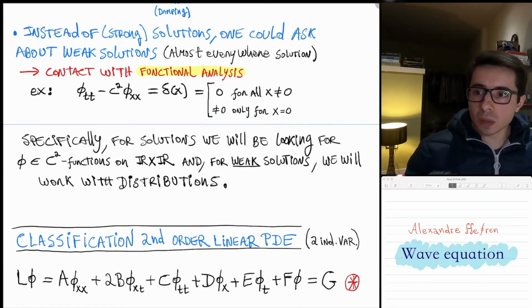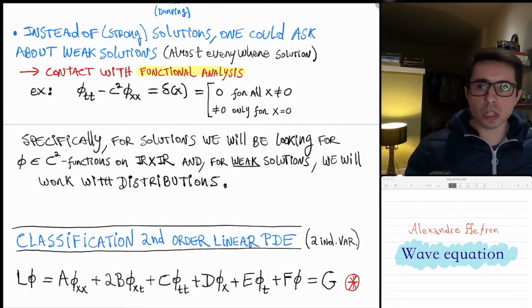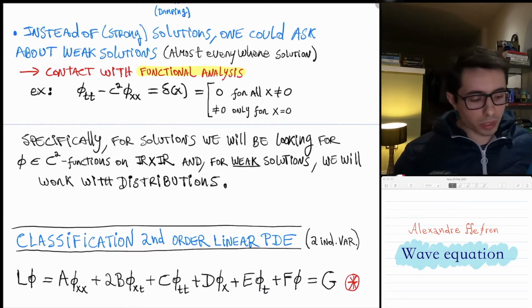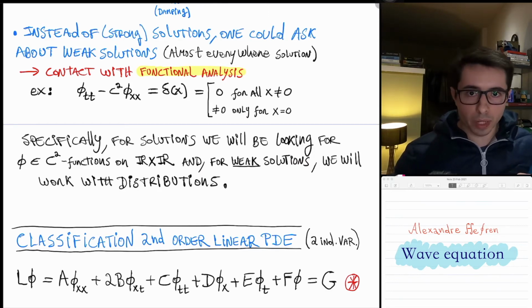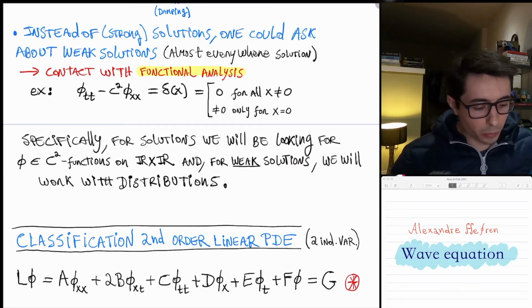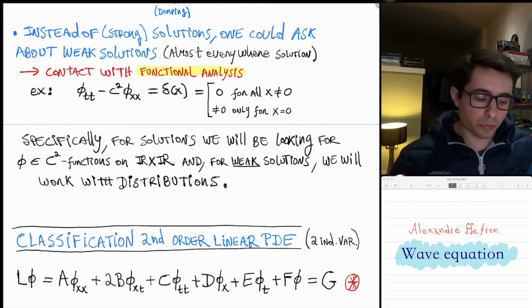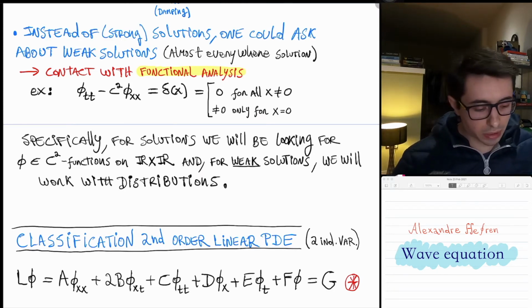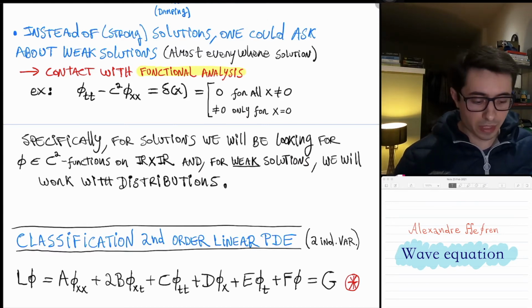Also, instead of talking about strong solutions or classical solutions, we could also be talking about weak solutions, which are solutions almost everywhere. With this requirement of weak solutions, we could make contact with functional analysis, which is a field where the physics of strings makes contact with mathematics as well.